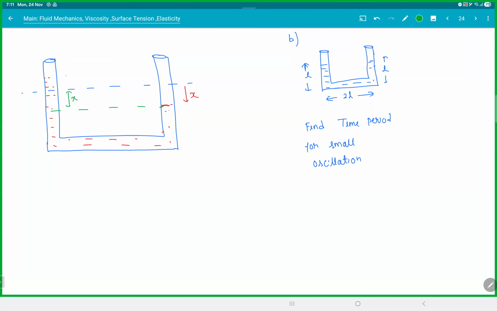This will be x and this will be x. So that means the total restoring force is for 2x, isn't it? This weight will be the restoring force. So when you push by x, the difference in height becomes 2x.